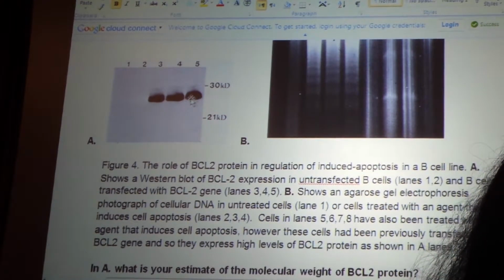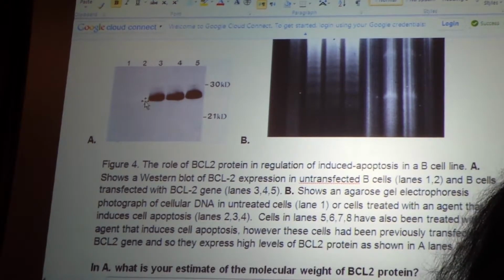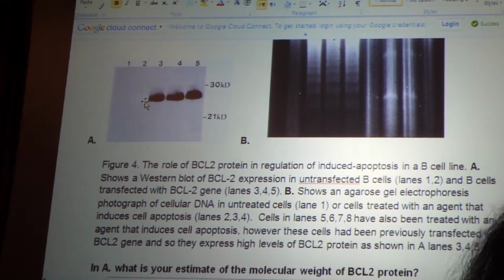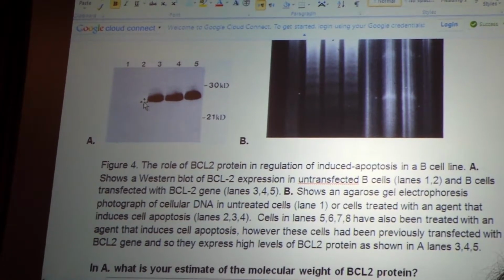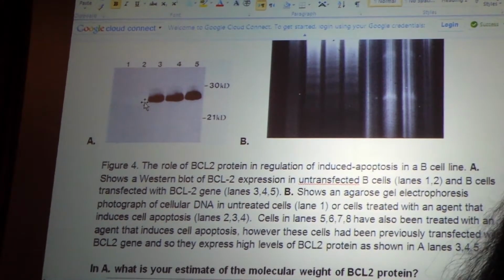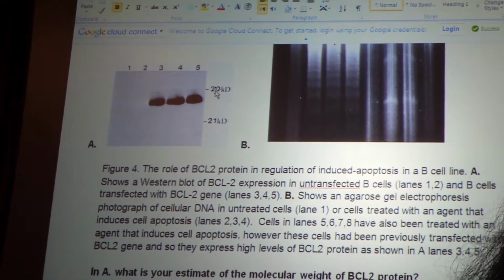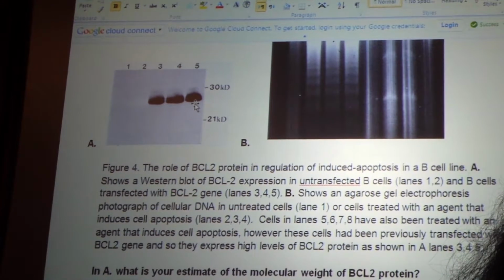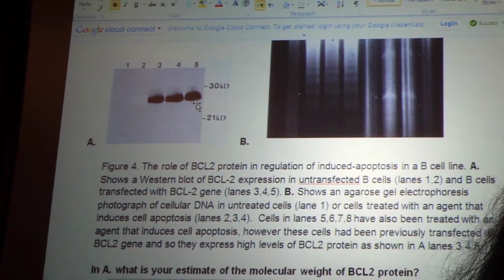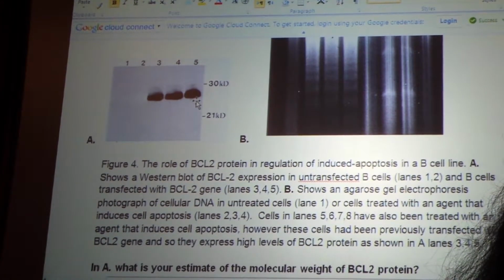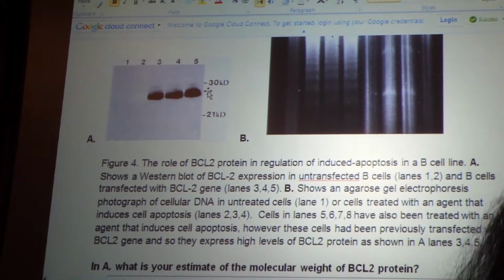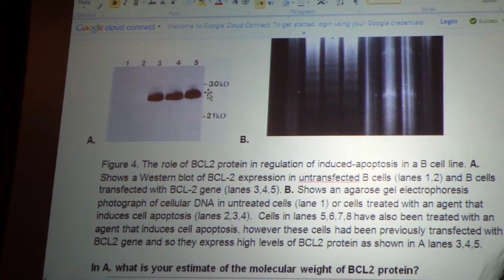The big dark band here represents BCL2 expression, the level of expression of the BCL2 protein, and where it is in relation to these markers is a rough indication of its molecular weight. So 27 is quite a good estimate. I think it's 26, but it's a smallish protein, 26 kilodalton.